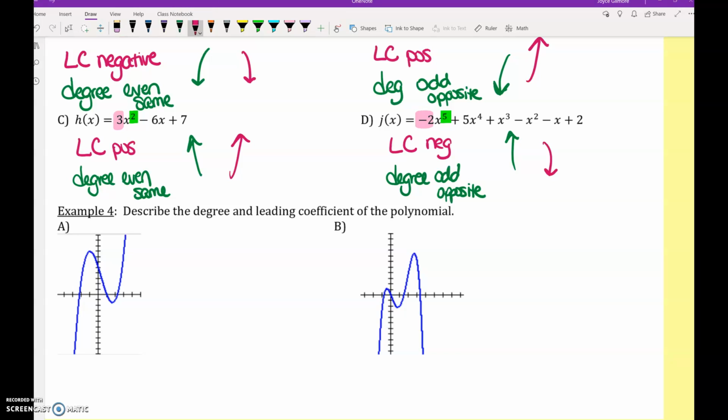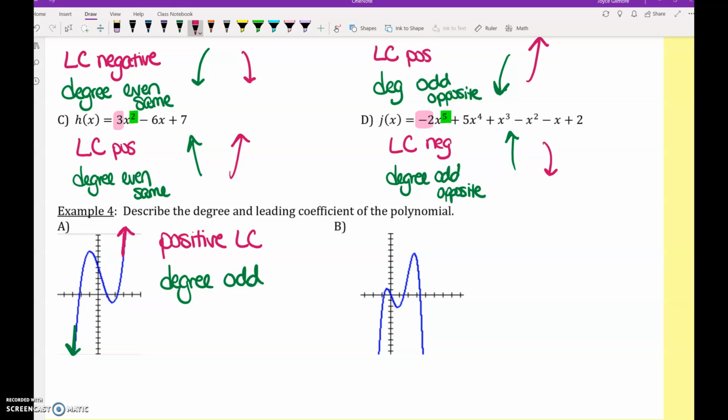So first let's look at the right side. Because the right side points up, what do you know about the leading coefficient? So positive leading coefficient. And then the left side is pointing in the opposite direction. So what do you know about the degree? The degree would be odd opposite.